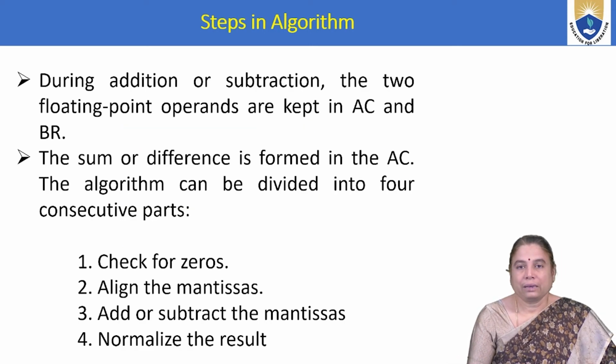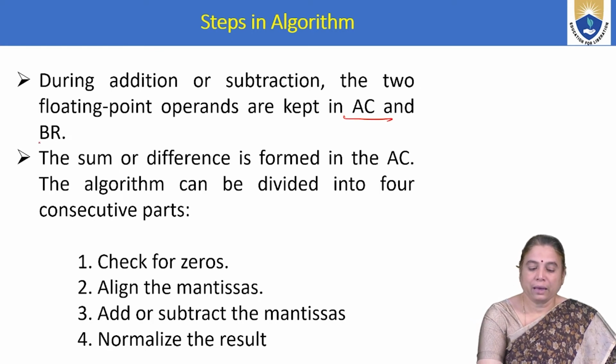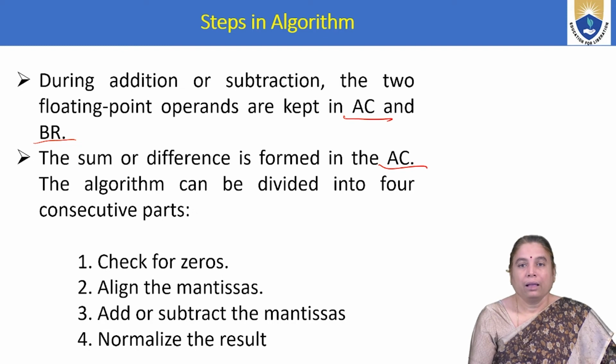What are the steps in the addition and subtraction algorithm? During addition or subtraction, the two floating point numbers considered are stored in the AC and BR registers respectively. The sum or difference is formed in the accumulator register AC. There are majorly four steps in the addition and subtraction algorithm.